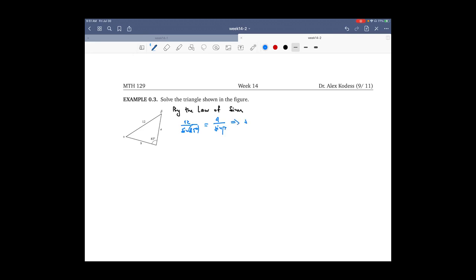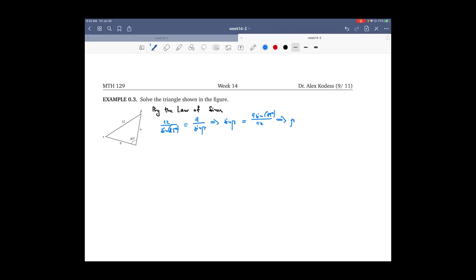So then sine beta equals 9 times sine 85 degrees over 12. Beta appears to be an acute angle, so beta is simply arcsine of that number, and you can compute it to be roughly 48.3 degrees.